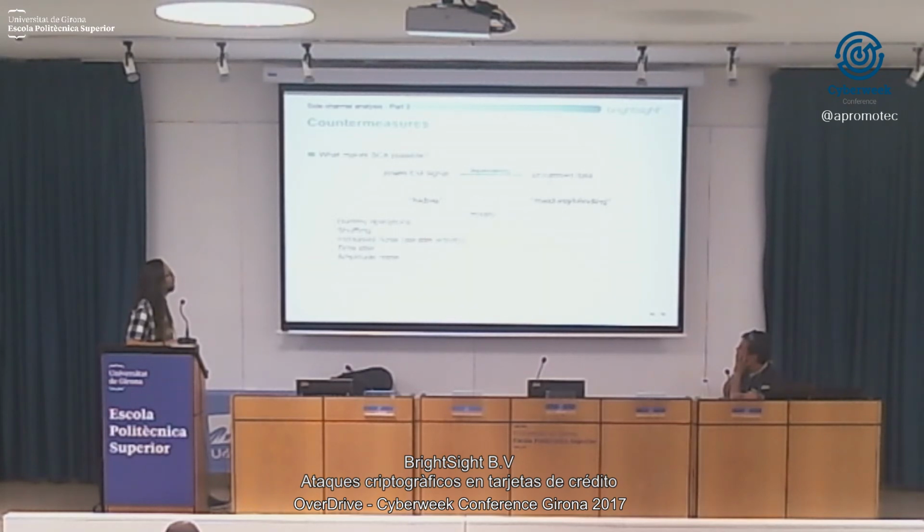For instance, to hide this dependency on the power or electromagnetic signals, we can interleave dummy operations in the code. We can do shuffling. We can increase the noise with some parallel activity. We can apply time jitter, to desynchronize between the different executions the time where the same operations are being performed, or apply some amplitude noise.